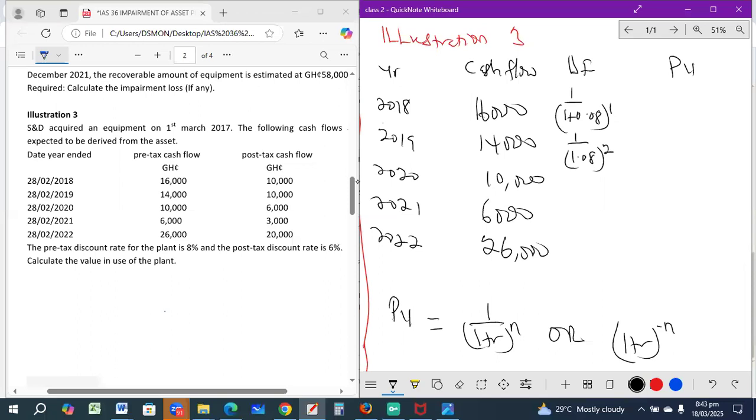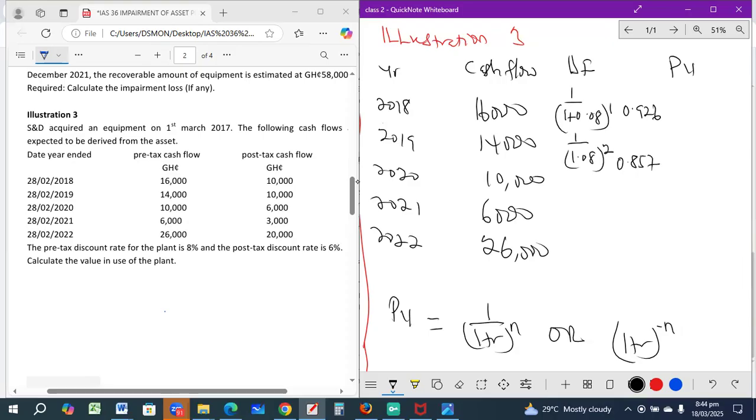So what do you get for the first year? First one, we have 0.9259. Please, are we all getting the same thing? Let's do it to 3 decimal places, please. So here will be 0.926. The second one, year 2, 0.857.